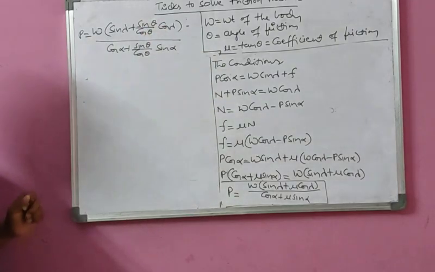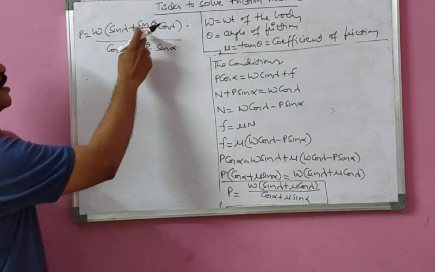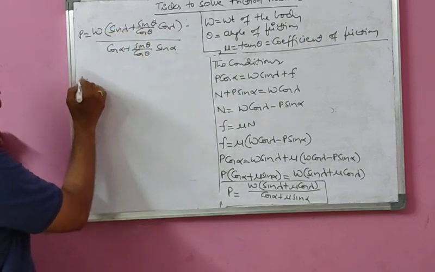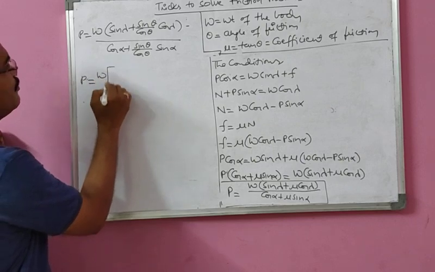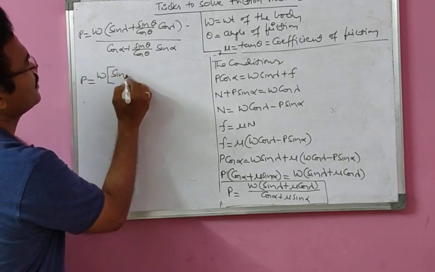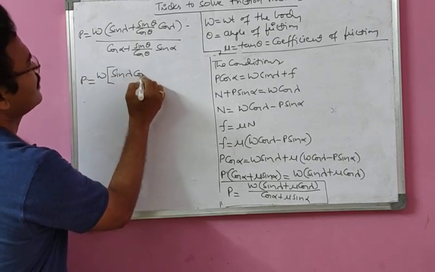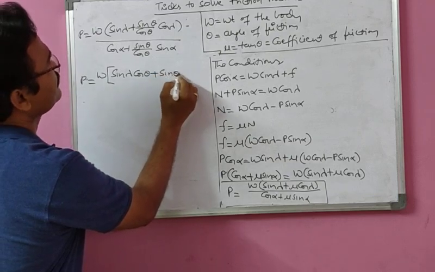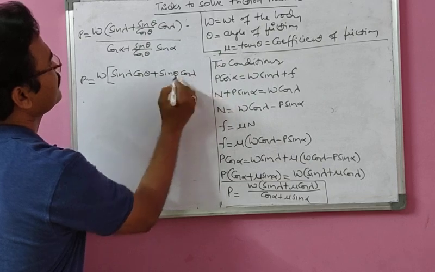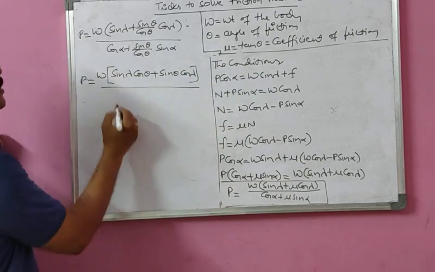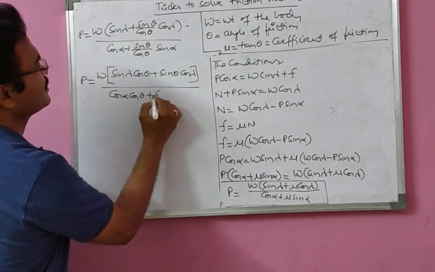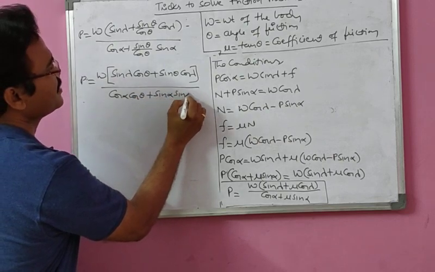The LCM will be cos theta, and that cancels out, one cos theta comes here, one cos theta comes here. So P equal to W of (sin lambda cos theta plus sin theta cos lambda) divided by (cos alpha cos theta plus sin alpha sin theta).